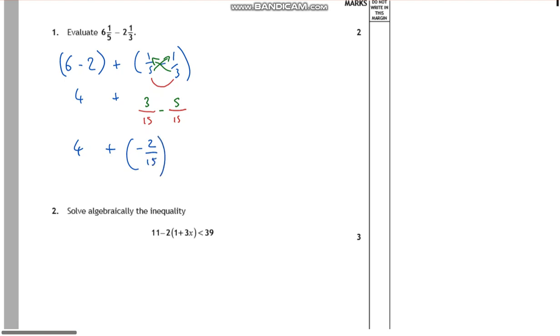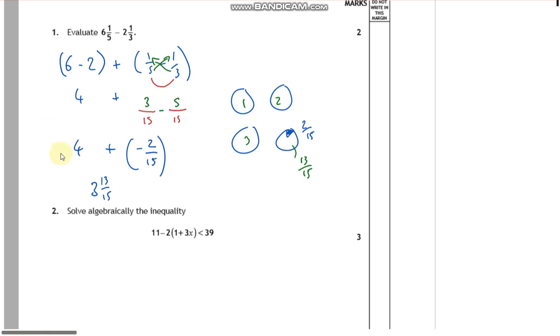It's a bit weird, isn't it? So I've got 4 pizzas, and I'm taking away 2/15, yeah? So that means I've got 1, 2, 3 whole pizzas left, and in here I'm going to have 13/15. So that's the same as 3 and 13/15. If you wanted, you could think on that as, okay, I'll put my 3 down here, I'll take 1 over.